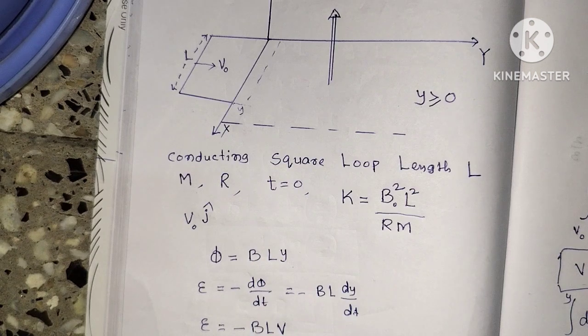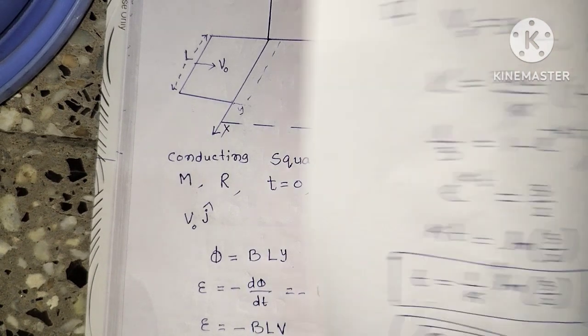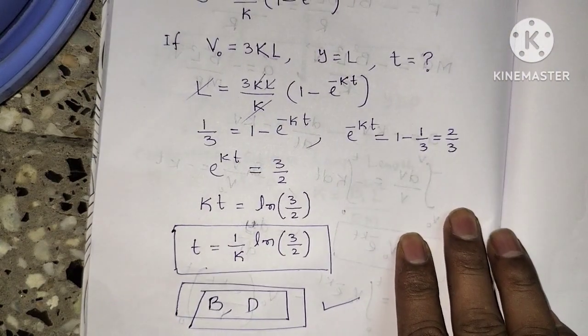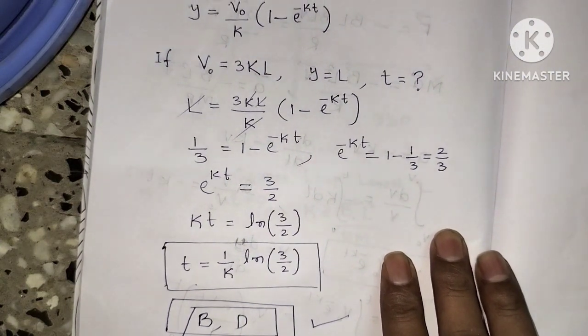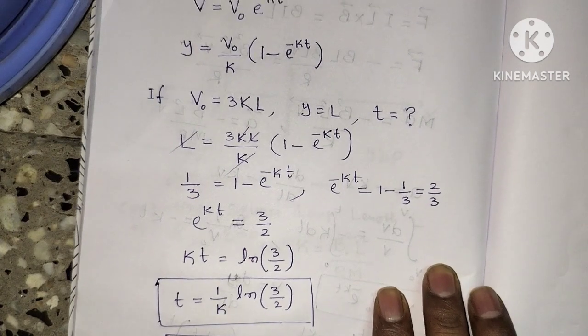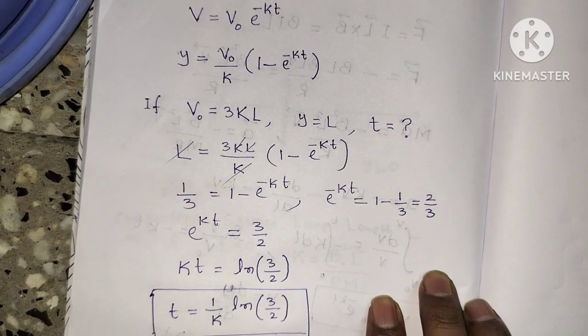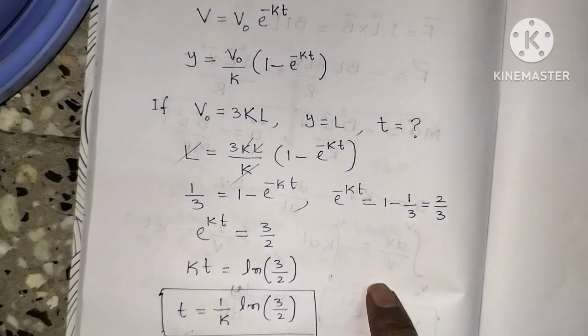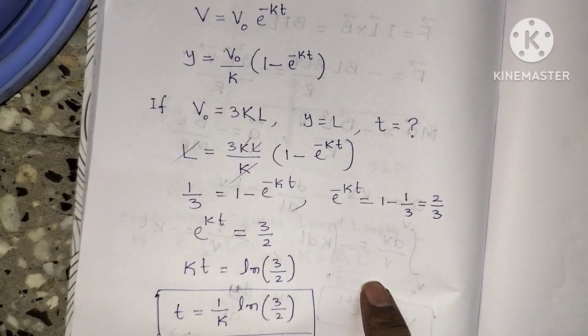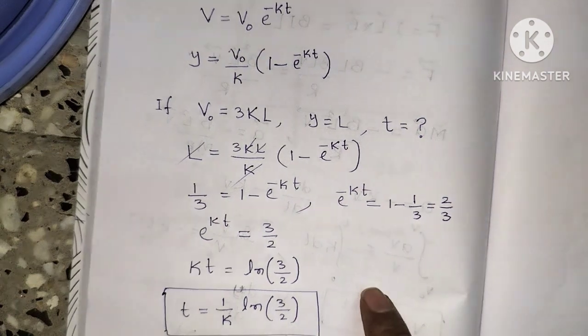Now option D: if V0 is equal to 3KL, the loop will enter completely into the magnetic field in a time t equal to 1 by k ln 3 by 2. Whether it is correct or wrong, we have to work it out.